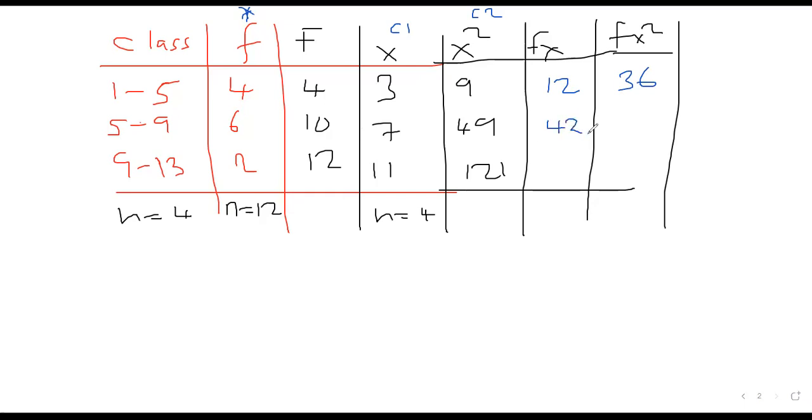Never make the mistake of squaring this to get the answer. You start from the multiplier again. 6 times 49 is 294. 2 times 11 is 22. 2 times 121 is 242.